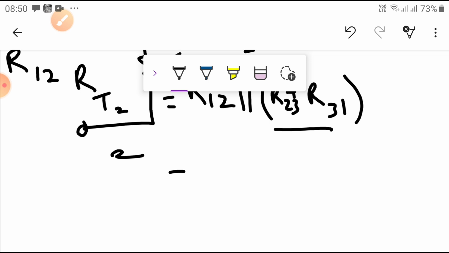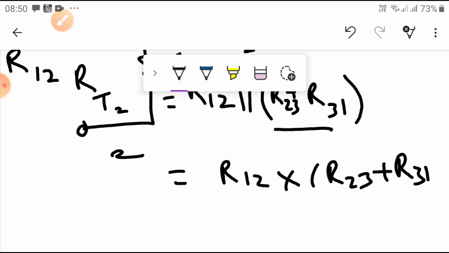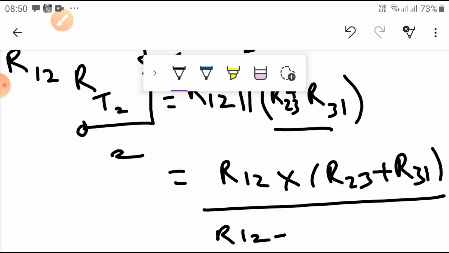R equivalent is equal to R12 into R23 plus R31 divided by the total, R12 plus R23 plus R31. You know this from simple basic circuits.